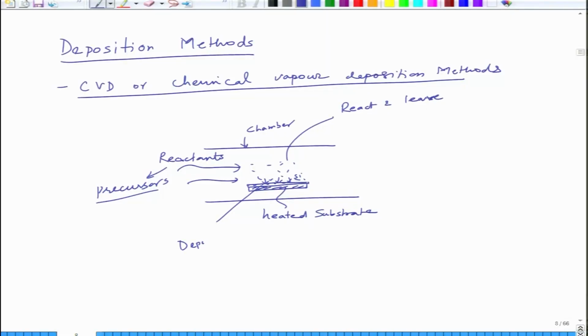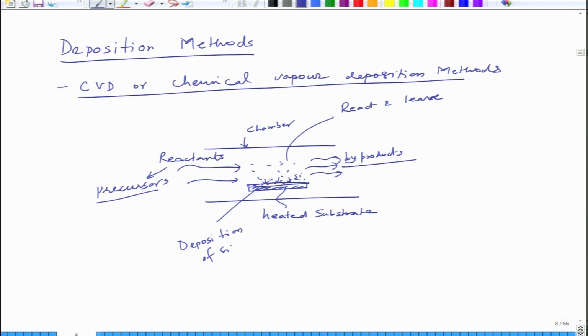When they react with each other, the chemical reactions occur, which allow the silicon to be deposited on this substrate. So you have deposition of silicon, and the byproducts will be taken out. These are byproducts which are undesirable, right, reaction products. So silicon will be deposited, everything else will go out.